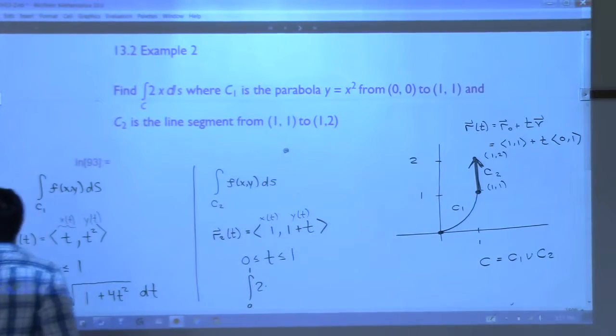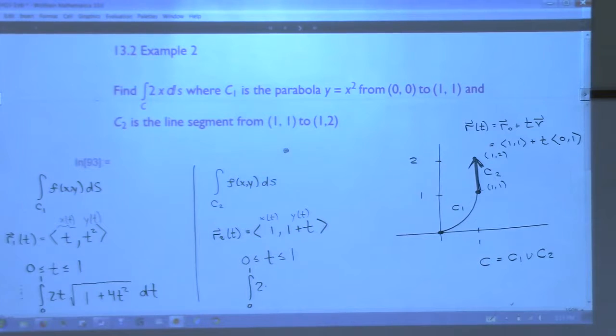Let me put the formula up here. We're doing integral a to b, f of x of t, y of t, square root of dx dt squared plus dy dt squared dt, right? Okay, so you got integral from 0 to 1.